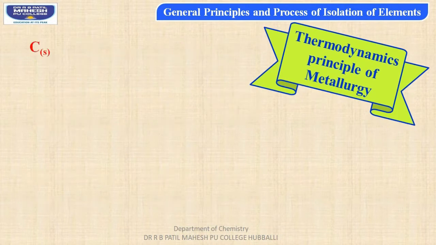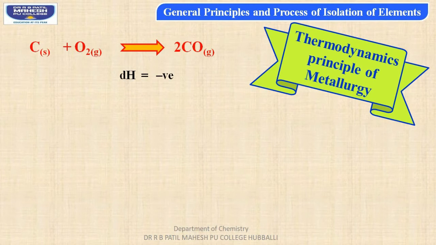Now let us consider the second equation, that is oxidation of carbon. When carbon is made to react with oxygen, the formation of carbon monoxide occurs, and in this case students, change in enthalpy is negative, because it is an exothermic reaction, followed by change in entropy.